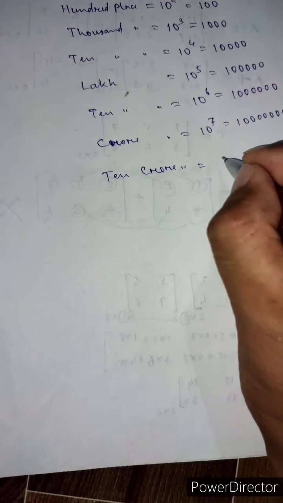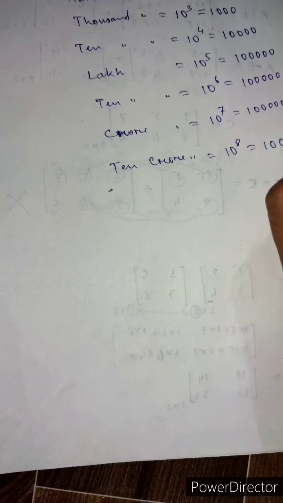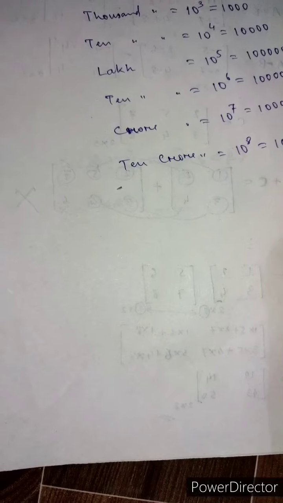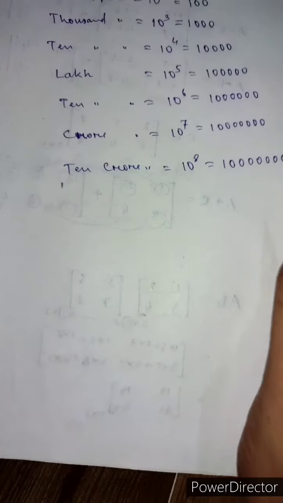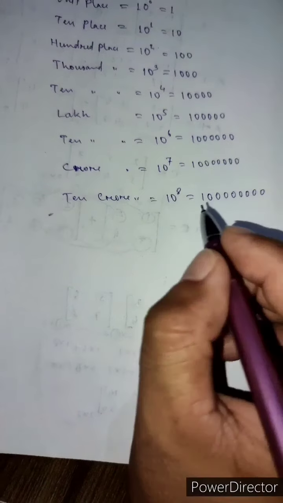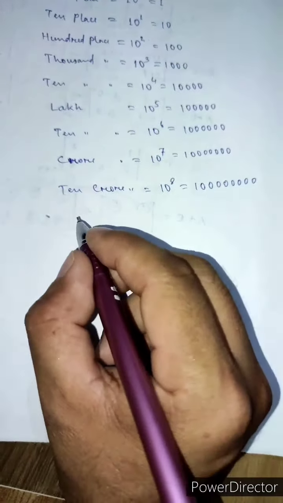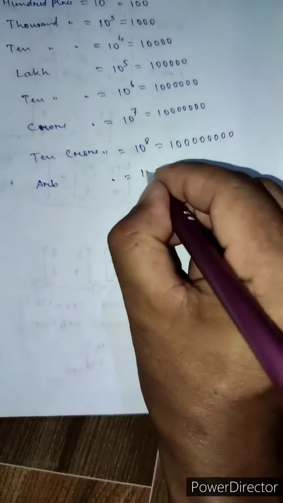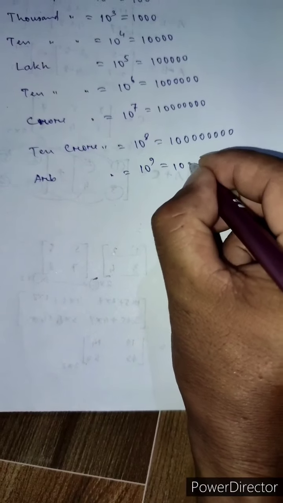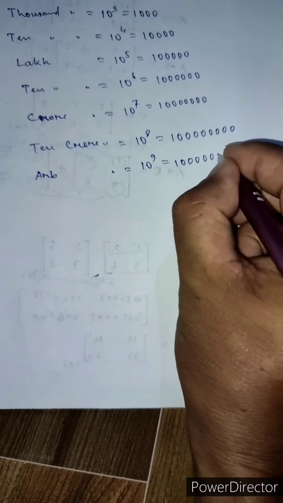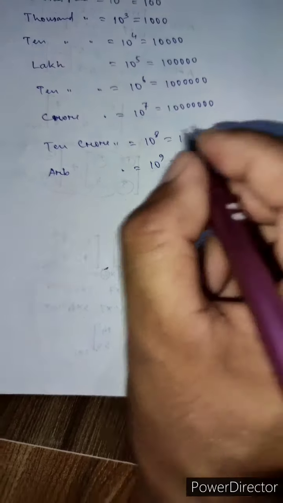It is equal to how much? 10 power 8, 1 2 3 4 5 6 7 8. 8 zeros should be there. After that, 10 to the power 9, 9 zeros should be here.